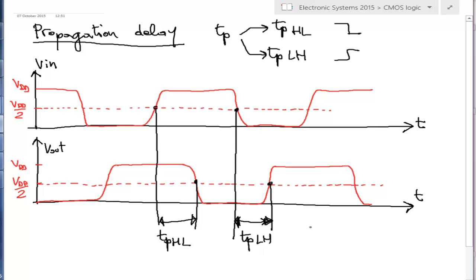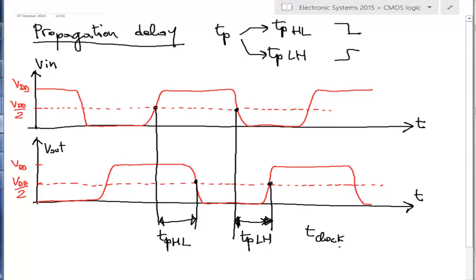Why are they important? Of course, they are important because the time period of the clock has to be larger, and typically much larger, than both the Tp high to low and the Tp low to high. Because you cannot change the states if the outputs of the different logic gates have not settled yet.